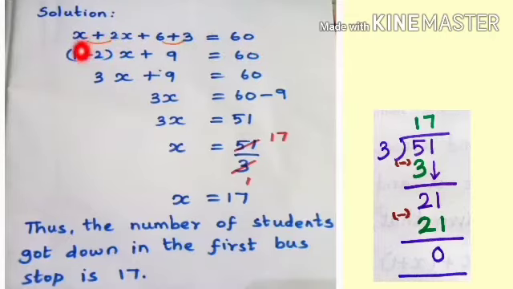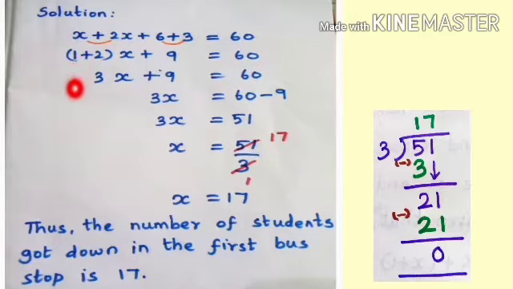So here x, the number of students who get down at the first stop, and 2x, the number of students who get down at the second bus stop, plus 6, the number of students who get down at the third bus stop, and here 3 is the number of students remaining in the bus. So we are equating all these values to 60, the total number of students in the bus.